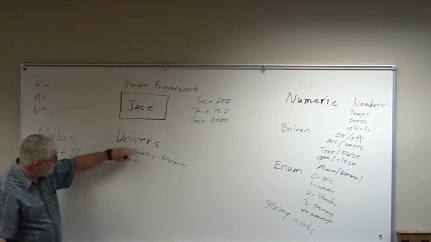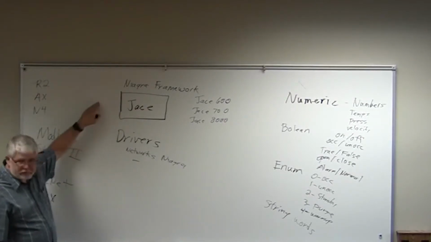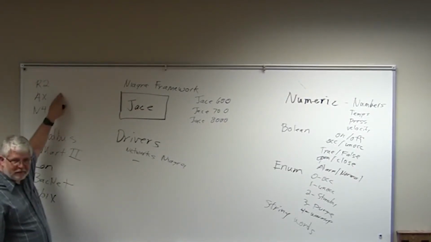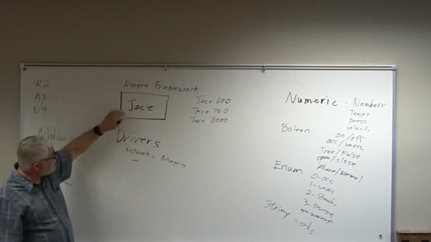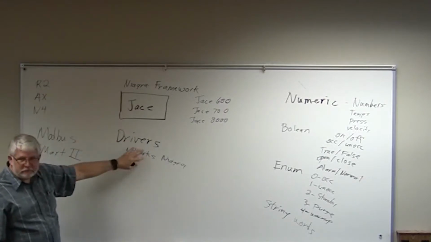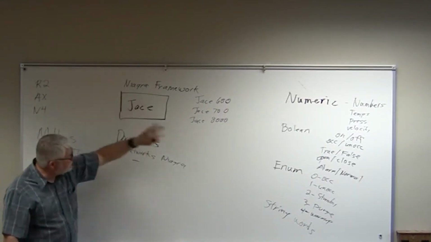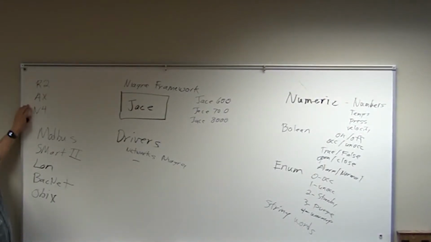So this driver for Niagara networks allows me to communicate to multiple JACEs. So outdoor air temperature for the whole campus. So we can share what data is inside that JACE to another one, or from a JACE to JACE, or going JACE to our supervisor, the N4 supervisor, right?